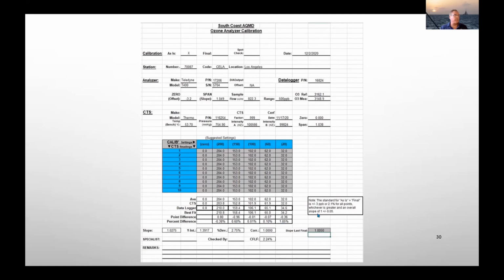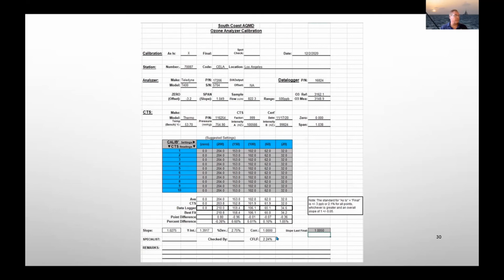And finally, it needs to be a slope of 1 plus or minus 0.05 for it to be a successful calibration. Our slope calculation here is 1.02. That's a deviation of 2.75%, and we passed there. And so this is a successful calibration.